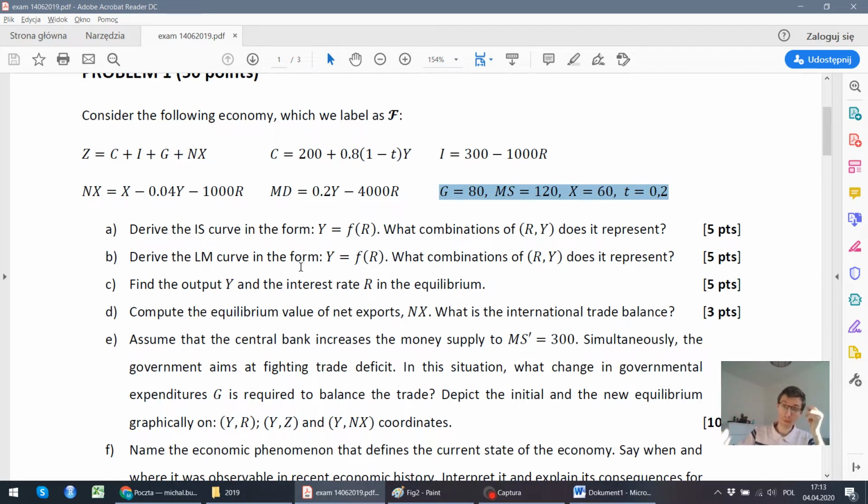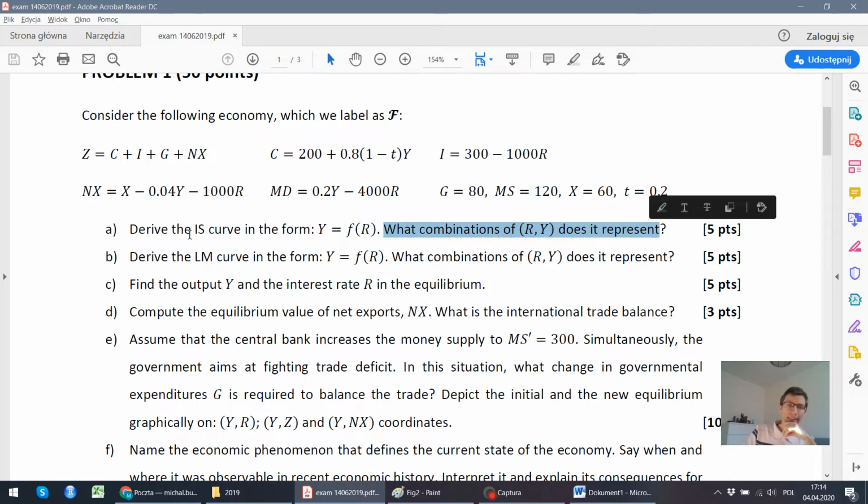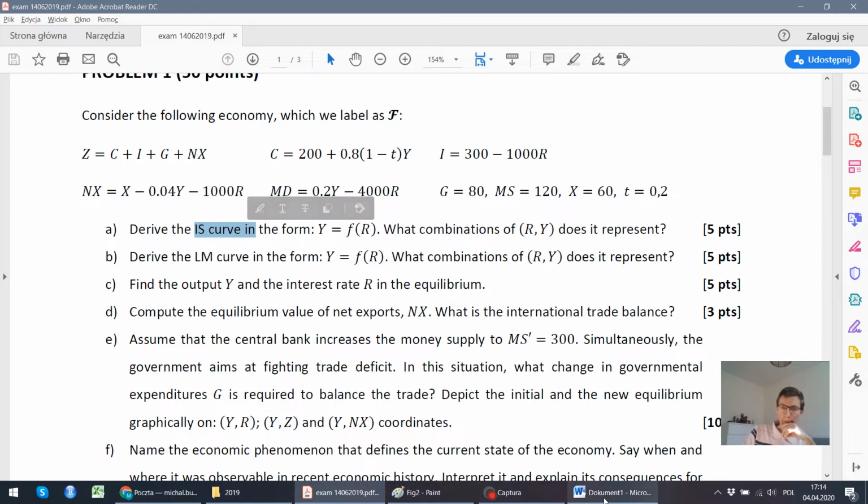This, of course, rings a bell, the IS-LM economy in the short run, at least in the beginning, okay? So let's write down the first equations and try to answer the first point, which asks us to derive the goods market equilibrium, the IS curve, in the form that output is a function of the interest rate. Then there is a question, what combinations of interest rate and output does this curve represent, okay?